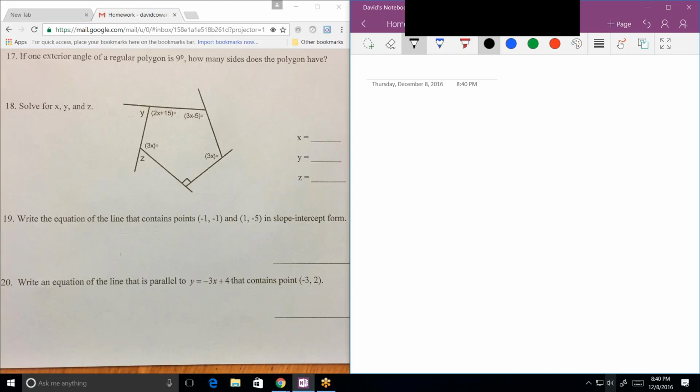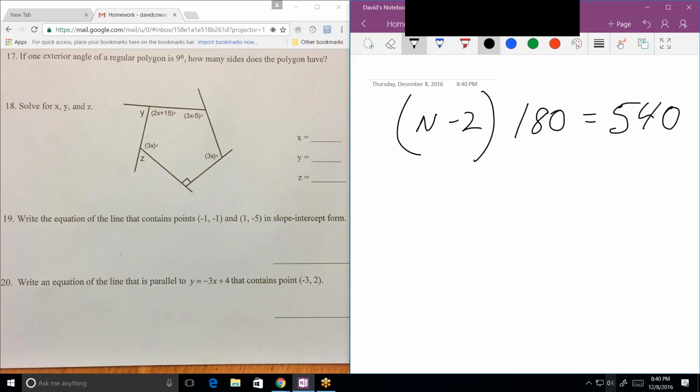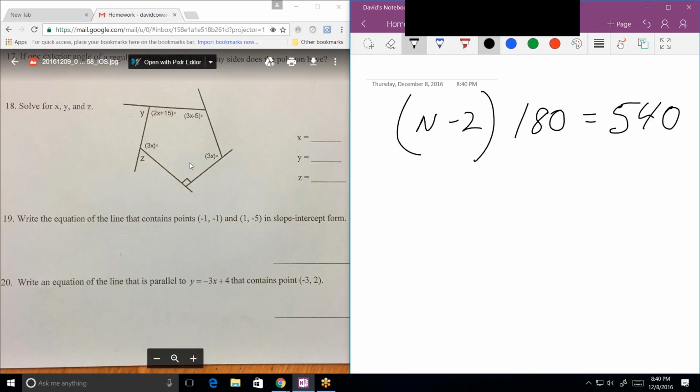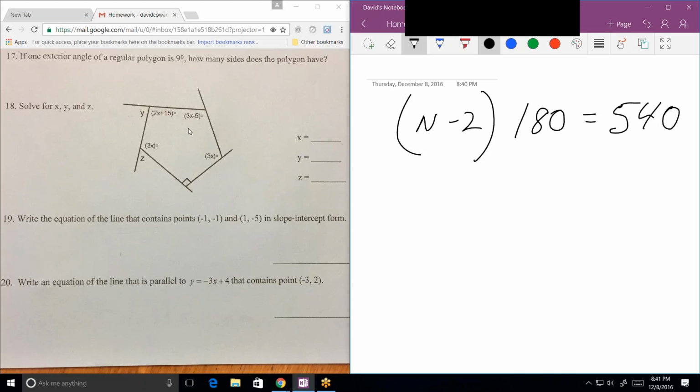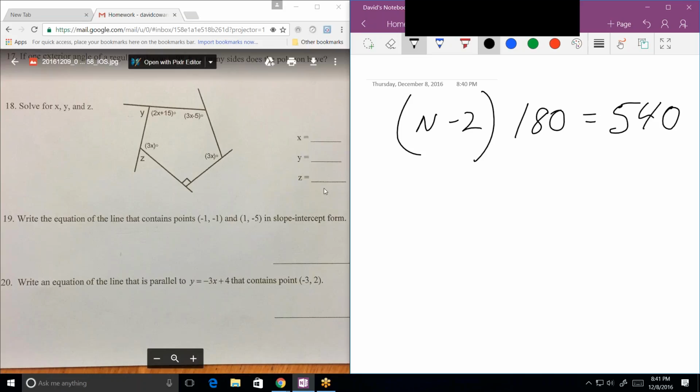So what's the sum of the angles going to be? Make n 5, because n is the number of sides. So that gives us 540. All 5 angles have to add up to 540. So give me an equation that I can write that lets me solve for X.